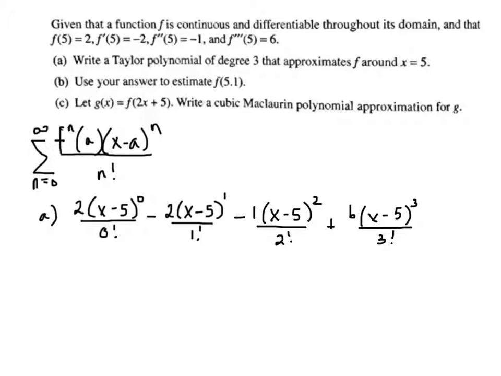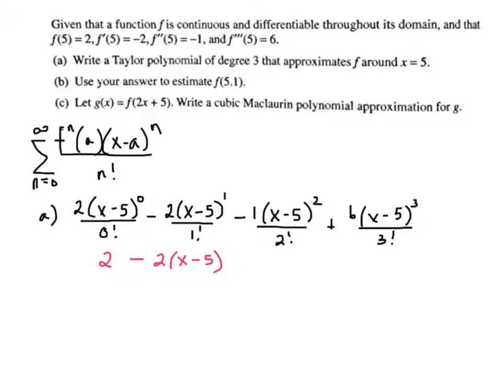So if we wanted to clean this up, let's start by looking at the first bit. Anything to the 0 is 1, 0 factorial is 1, so the first term is just 2. Then we've got negative 2 multiplied by x minus 5 to the first, so it's just this. Remember, just those first two terms, this is the tangent line. Okay.